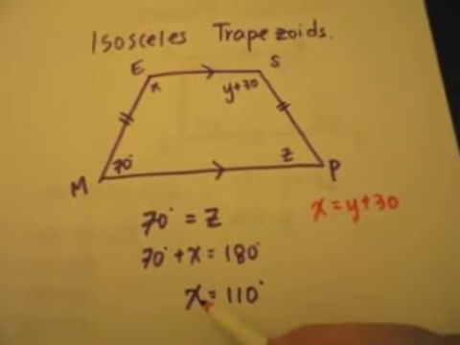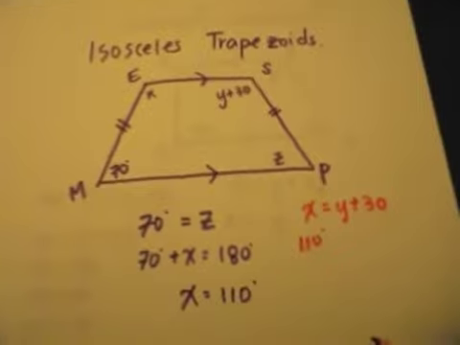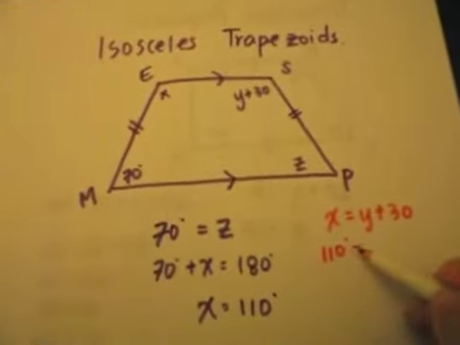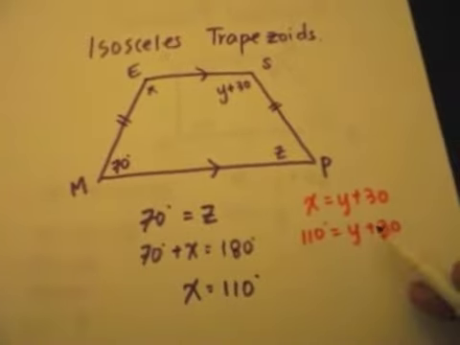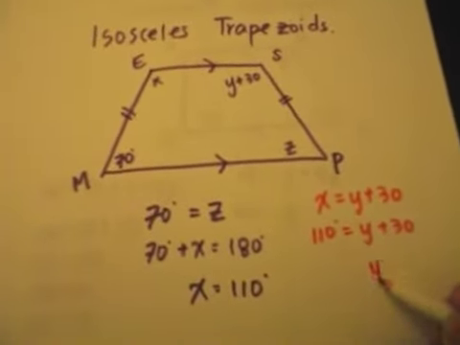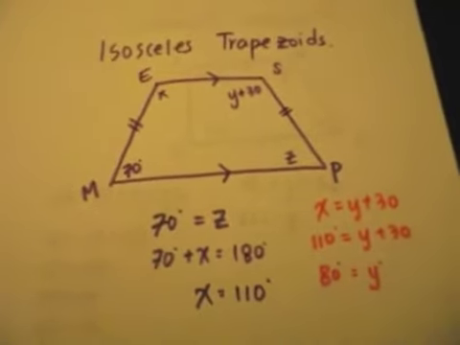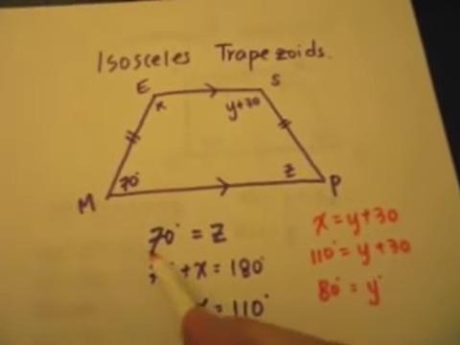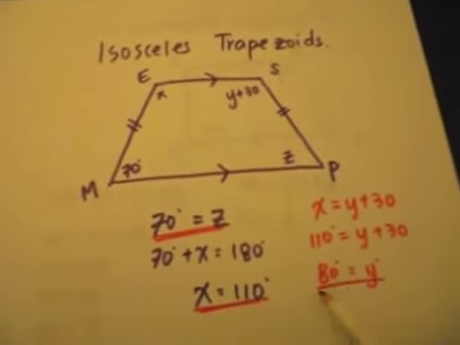I just found out that X is equal to 110 degrees. So 110 degrees is equal to Y plus 30. I subtract 30 on both sides, and I get Y is equal to 80 degrees.